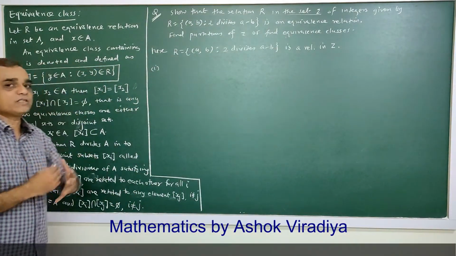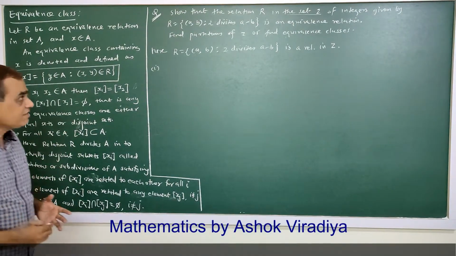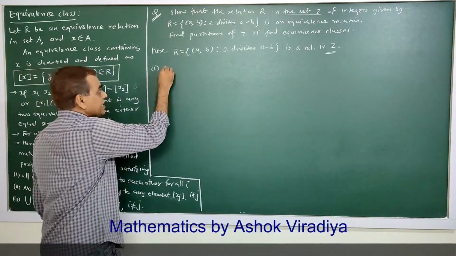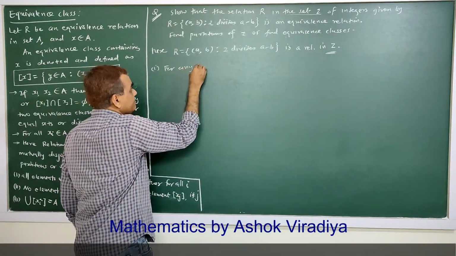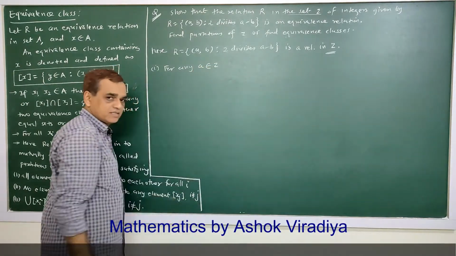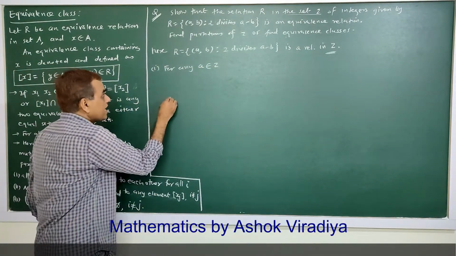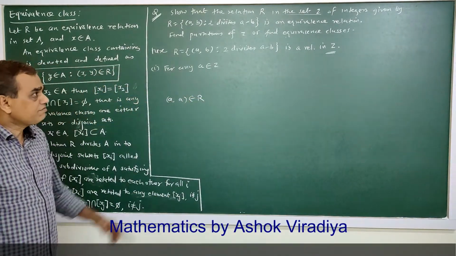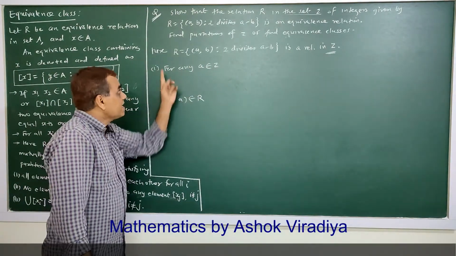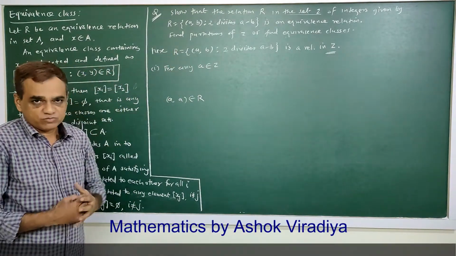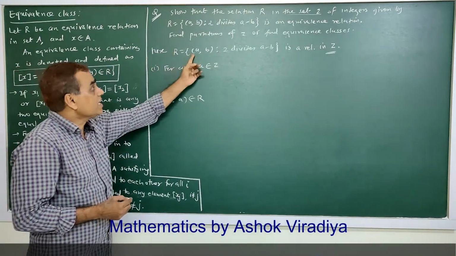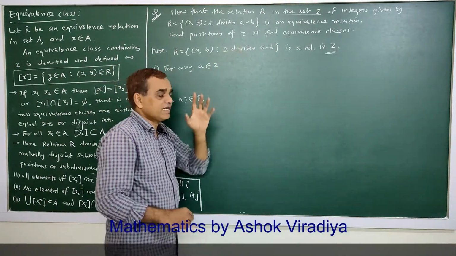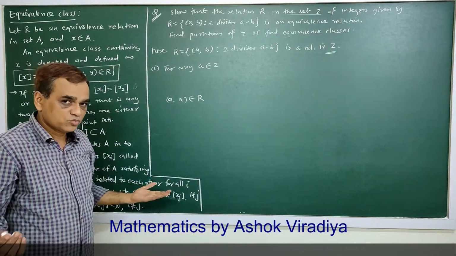is reflexive. For reflexivity, we take any element from Z. For any element a belonging to Z, we want to show that (a, a) belongs to R. If for any a belonging to Z, (a, a) belongs to R, then R is reflexive. Now (a, a) belongs to R is true if 2 divides a minus a, and it is true.